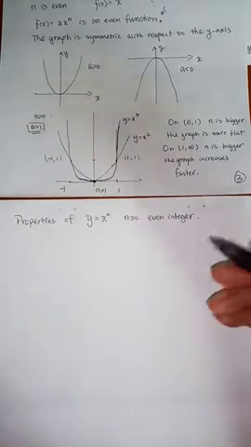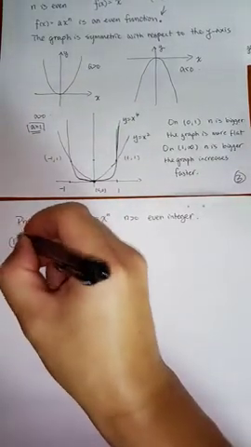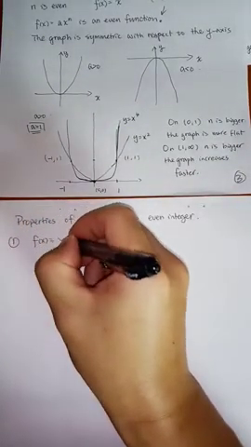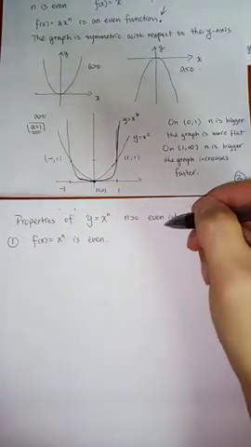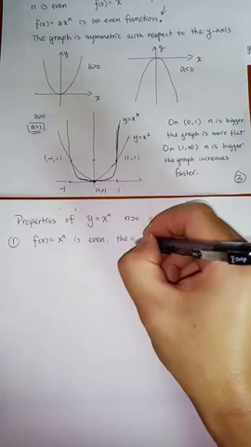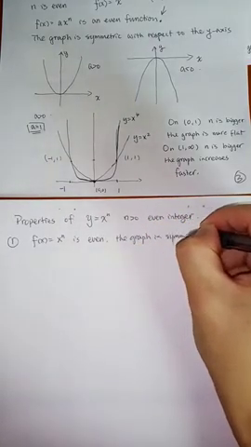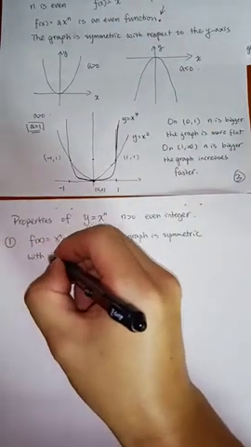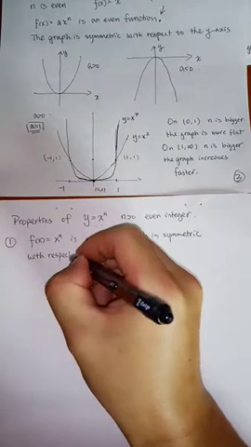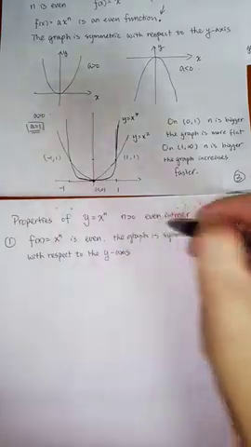The coefficient can be recovered by the stretch, compress, and reflect. Okay, so first property, f(x) equals x to the n is an even function. The graph is symmetric with respect to the y-axis.